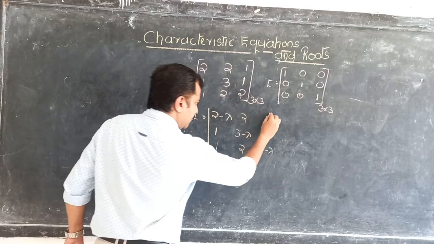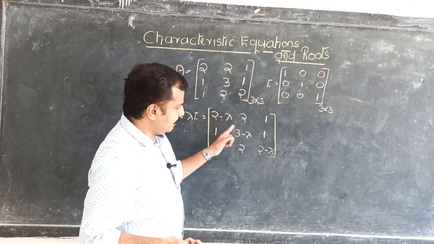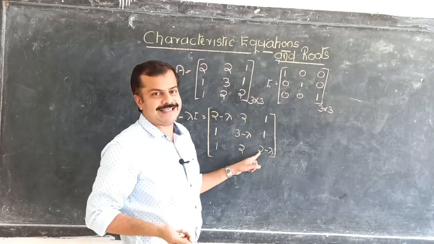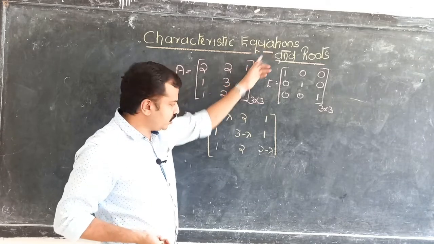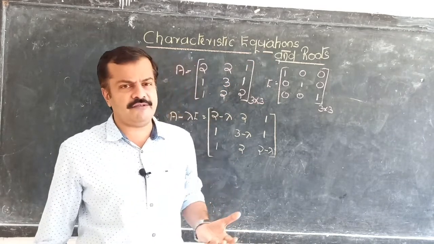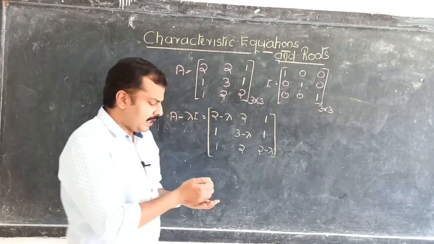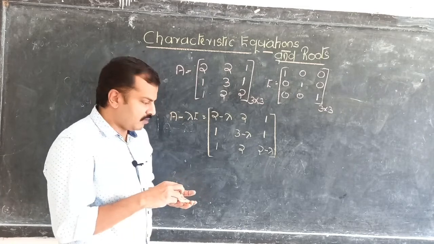So this will be our equation. We need to find the determinant of this and set it equal to 0, which is known as the characteristic equation. Just like we used to do for 3 by 3 matrices, we can calculate the determinant of this A minus lambda I matrix.